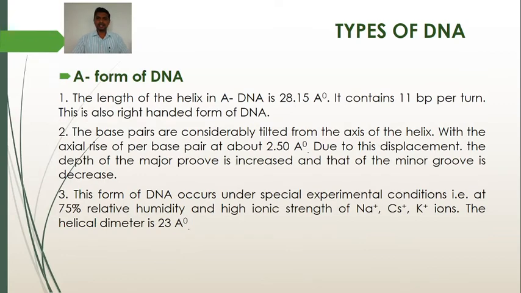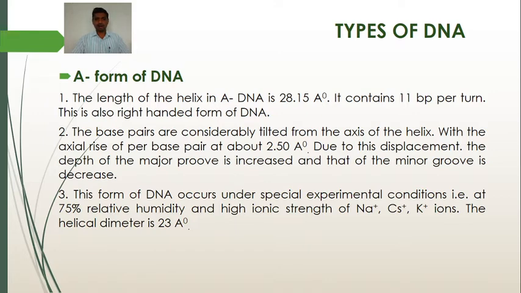Due to this displacement, the depth of the major groove is increased and that of the minor groove is decreased. The A form of the DNA occurs under special experimental conditions, that is at 75% relative humidity and high ionic strength of sodium, cesium and potassium ions. The helical diameter is 23 angstrom.